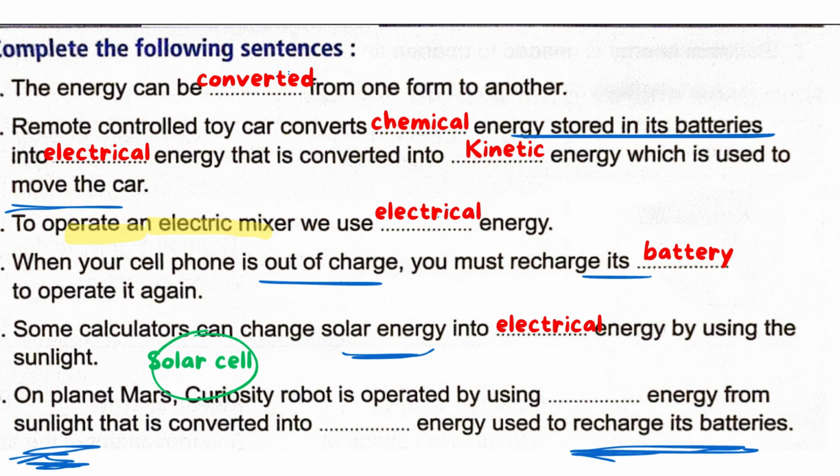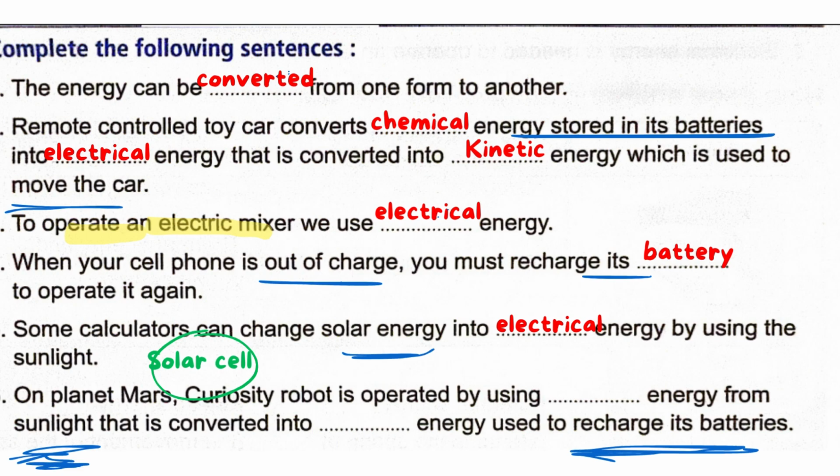On planet Mars, Curiosity robot is operated by using energy from the sunlight. So what is the energy that comes from the sunlight? Yes, solar energy. So the first part, on planet Mars, Curiosity robot is operated by using solar energy from sunlight. Okay, that is converted into energy that is used to recharge its batteries.